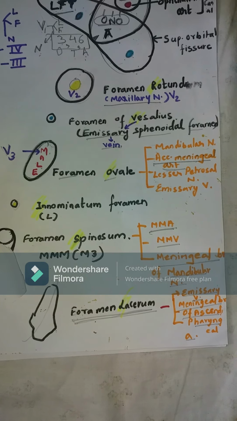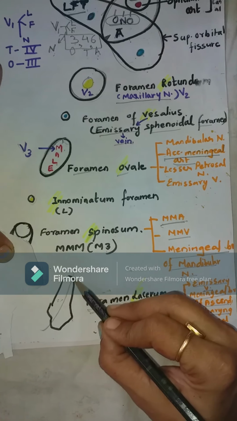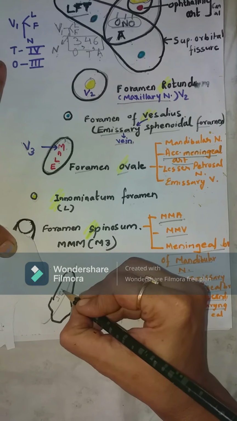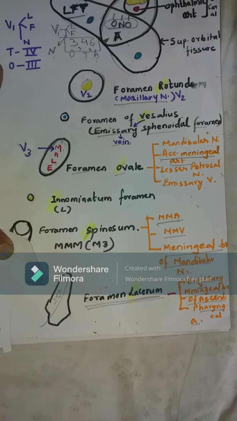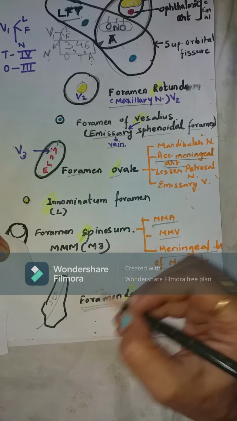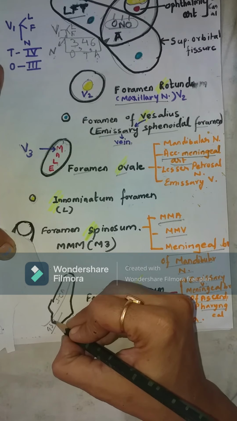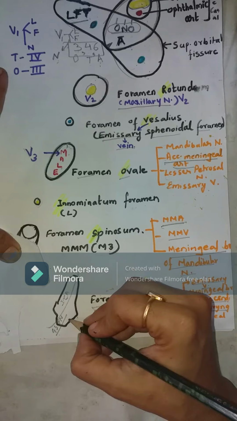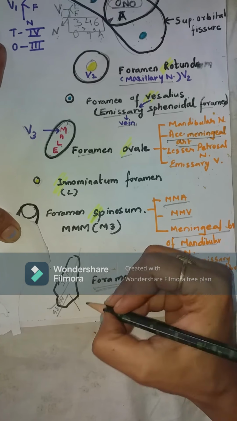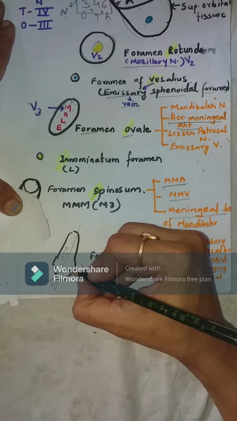And what happens in this area? In this area, the internal carotid artery will pass over the foramen lacerum. Another thing which will happen is that over the foramen lacerum, the greater superficial petrosal nerve will join with the deep petrosal nerve, and it will form the Vidian nerve.